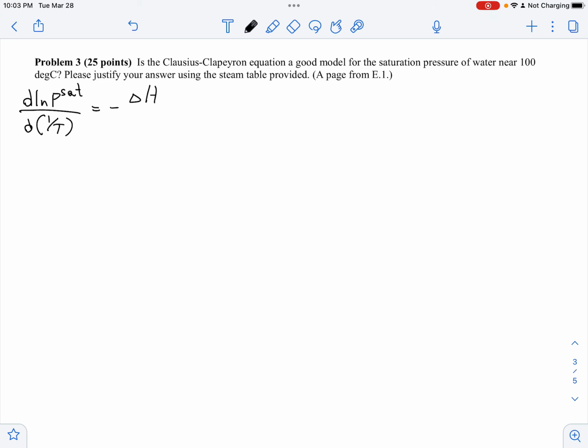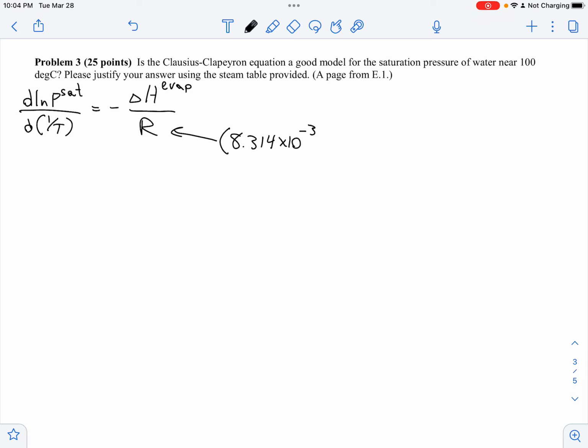So delta H of evaporation over R. We have to get the right units for R. If we're talking about pressure in kilopascals, temperature in Kelvin, and delta H in kilojoules per kilogram, I would expect R to be provided in the correct units. I don't really believe in writing exams in which obnoxious unit conversions are bogging you down.